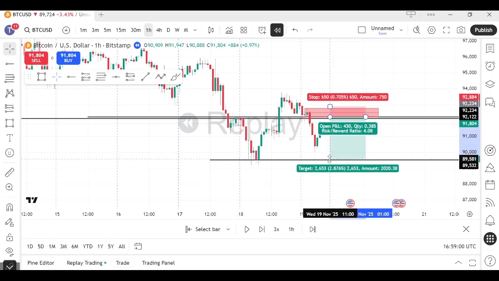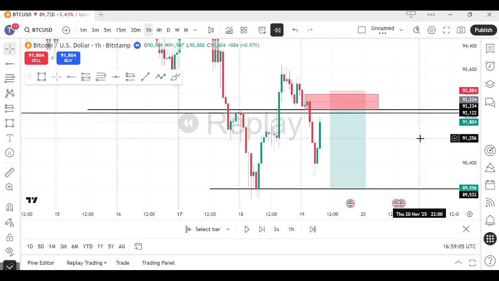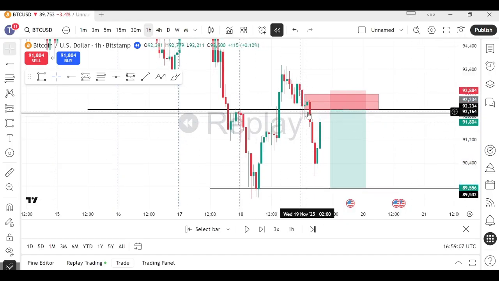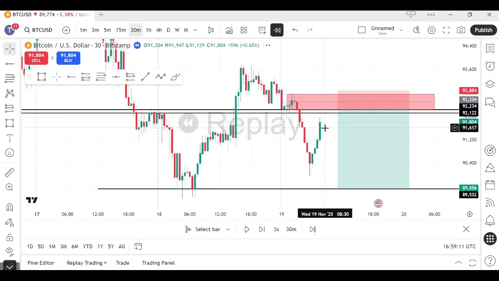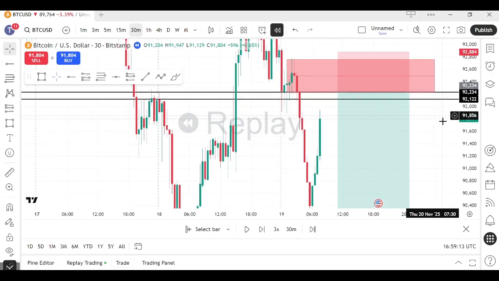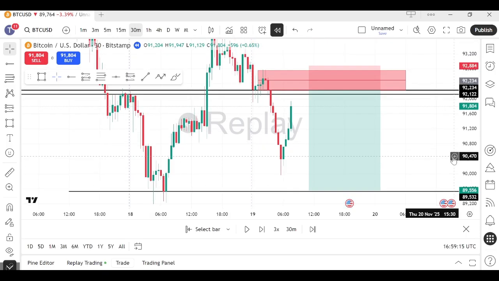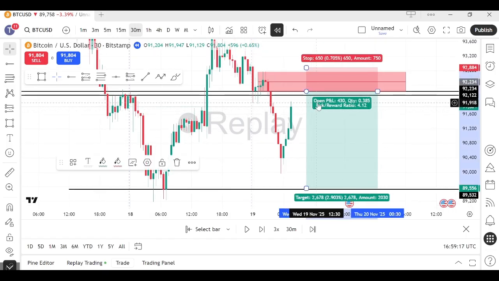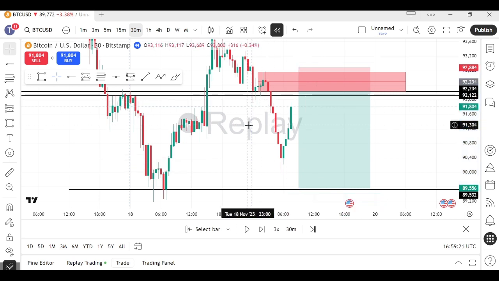So let's see how the market plays out. Mind you, this is a 1 hour. I don't enter the trade from a 1 hour, but I saw the order block on the 1 hour, so I can just take the trade immediately from that time frame, because I'm not waiting for confirmation for this particular trade.